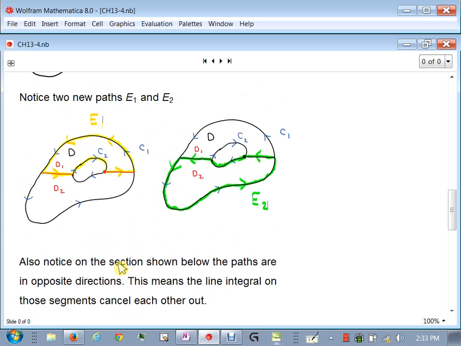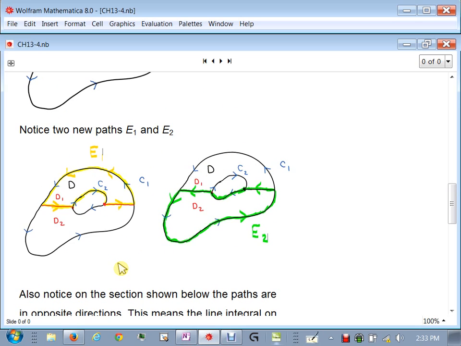Let's start back up. E1, E2. What does the E1 line integral give us? Use Green's theorem with E1, and what would you get? I think I'll write this on the board. So Green's theorem on E1 says the line integral over the closed curve, positive orientation, of E1, right?